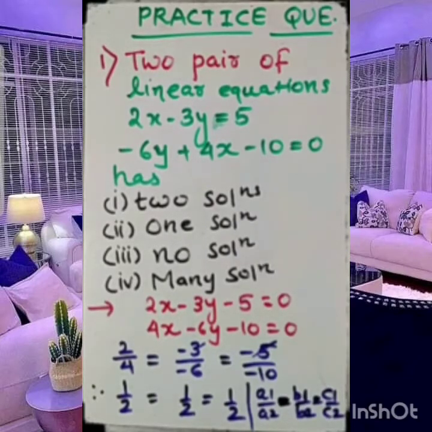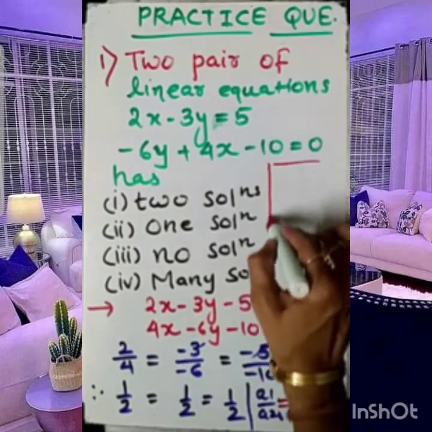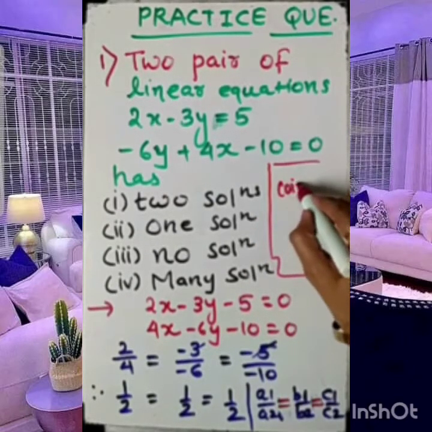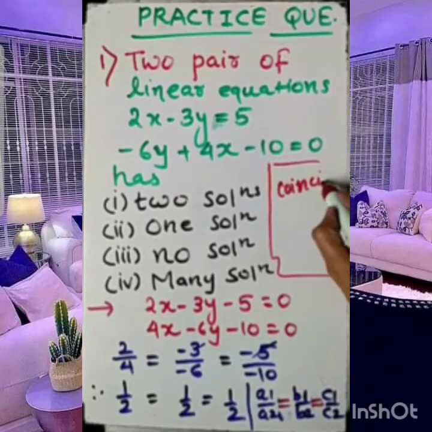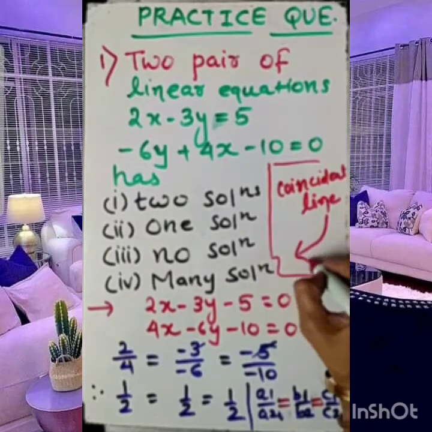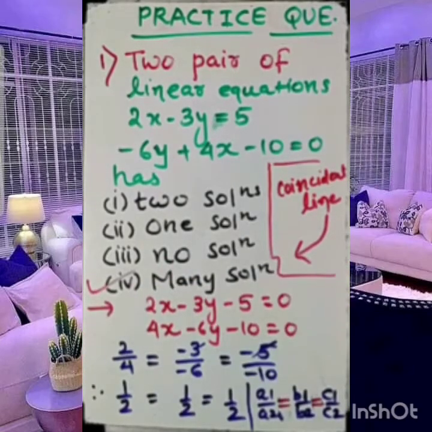In such a case, it is a coincident line. You know very well that coincident lines indicate many solutions, so it must have many solutions. So the correct option is the fourth.